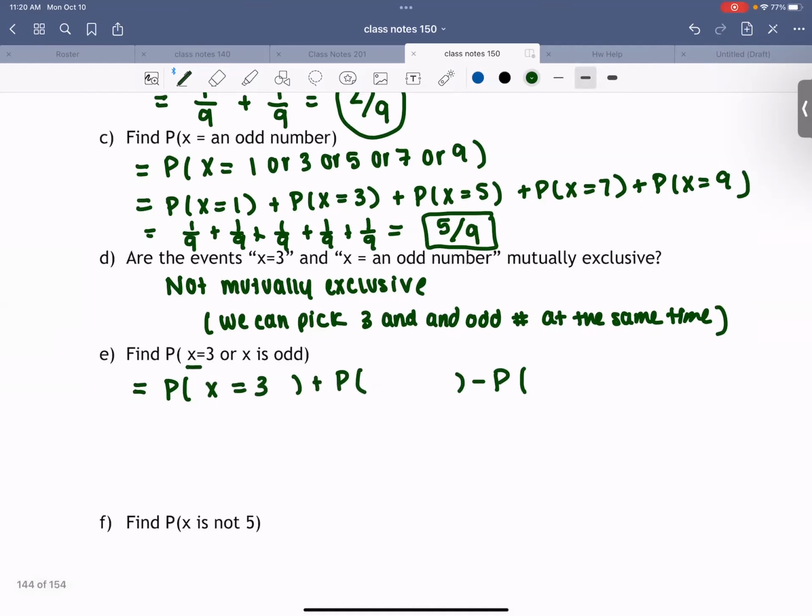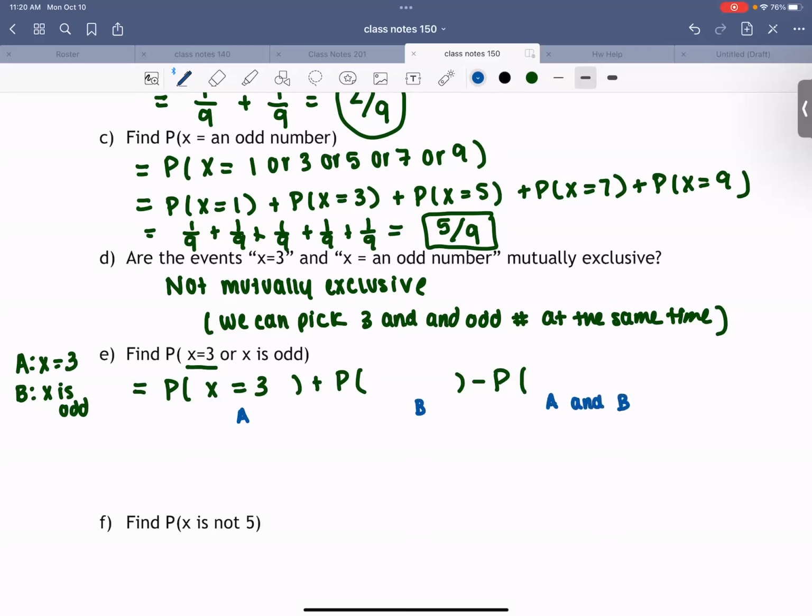Okay, so this is the first thing. A would be that x equals 3, right? In our formula, we have B, which is the second thing, which says that x is odd. Using the formula, I'm just going to fill in the blanks and then we can think about the probabilities. The formula says P of A plus P of B minus P of A and B, right?